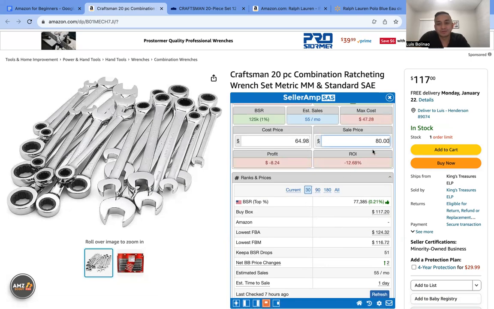That's pretty high though. But yeah, I just lowered the price. So 87, 88 dollars. So in this case, for example, I really want to take a loss on this product. I want to get rid of it. I just lowered the price from 117 to 88. Make sense? Yeah, that makes sense.